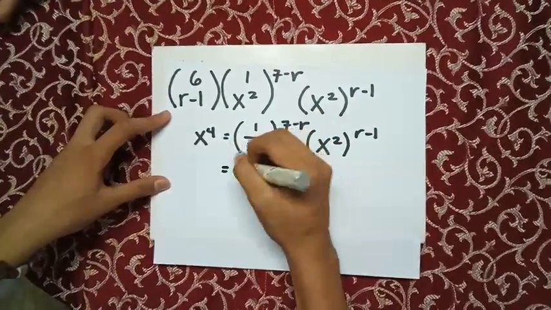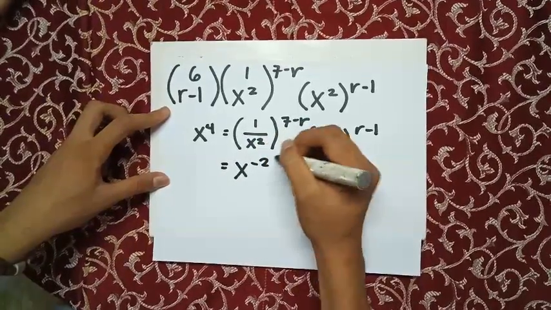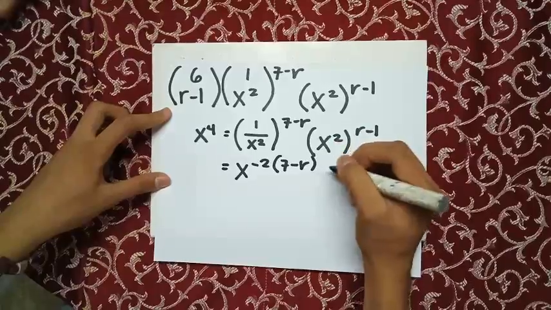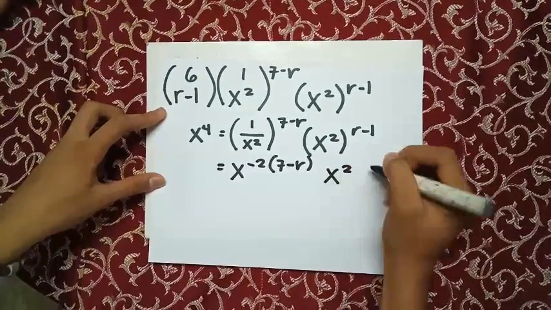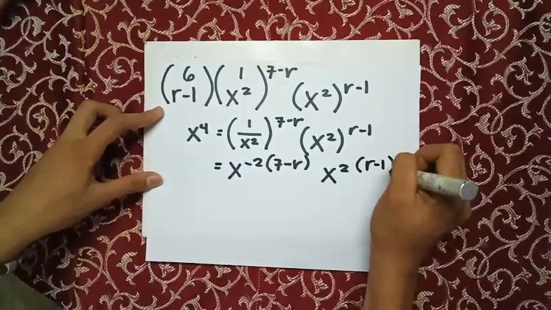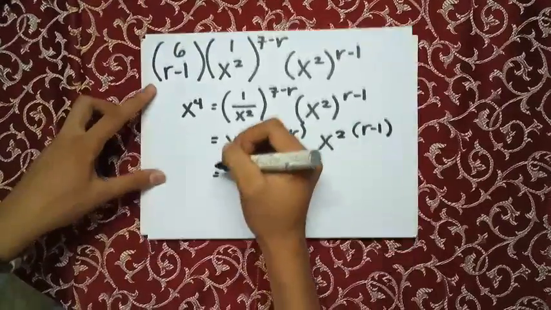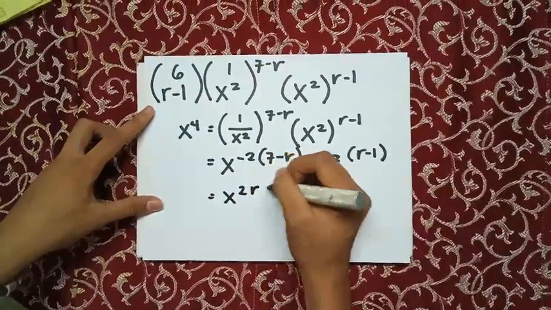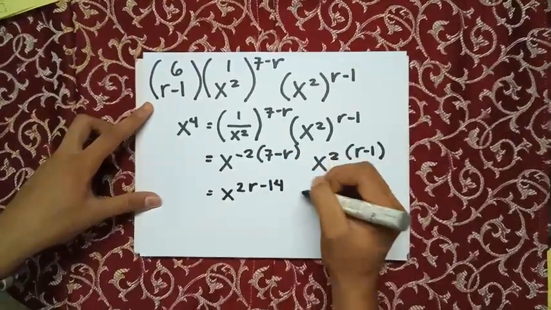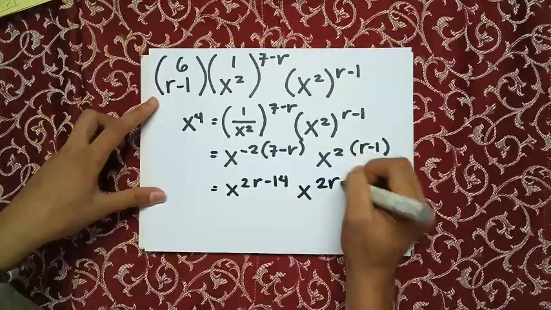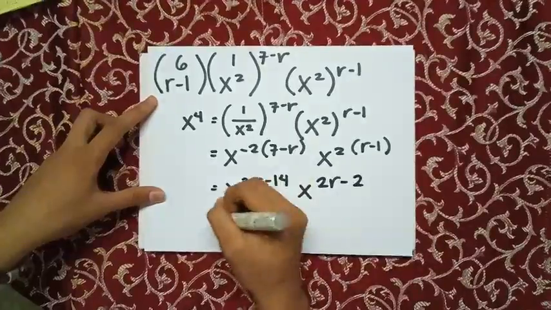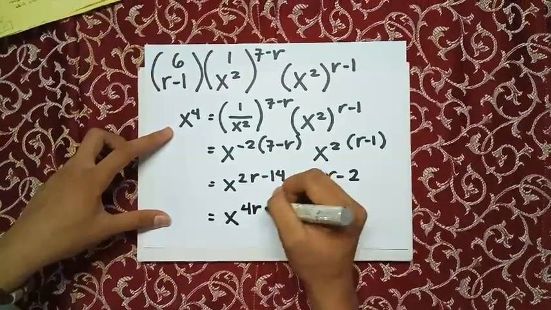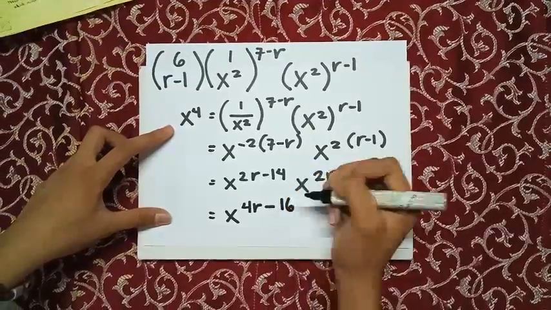Evaluating the problem, x raised to negative 2 times 7 minus r, x raised to 2 times r minus 1. x raised to 2r minus 14 times x raised to 2r minus 2. And we will get x raised to 4r minus 16.